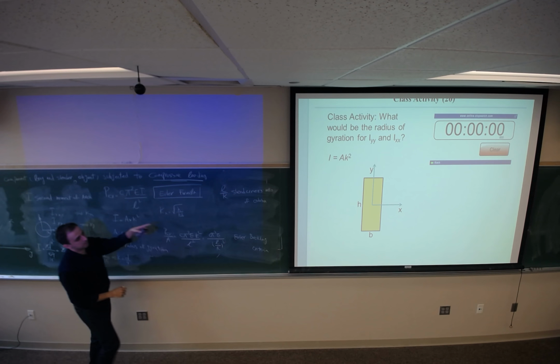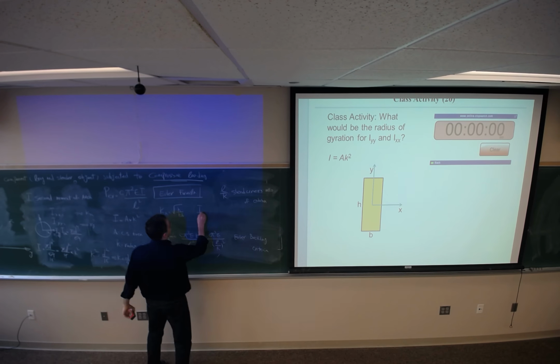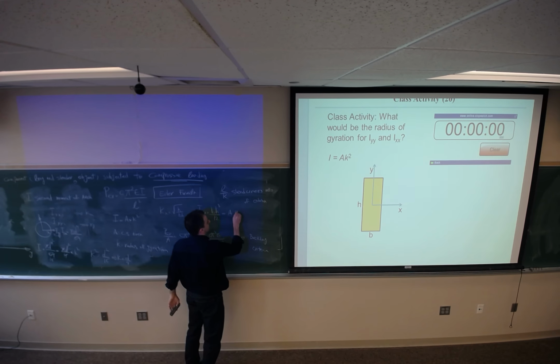IXX, I with respect to X, is BH cubed divided by 12. Set it equal to A times KX squared. A is B times H, so B times H times KX squared.